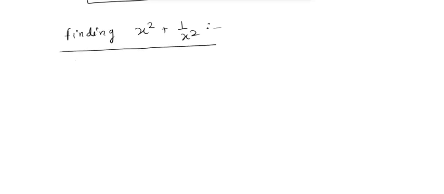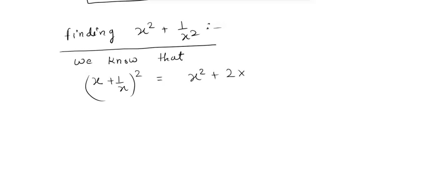Now, finding x square plus 1 by x square. We know the identity of a square. So x plus 1 by x whole square is equal to x square plus 2 multiply x multiply 1 by x plus 1 by x square.